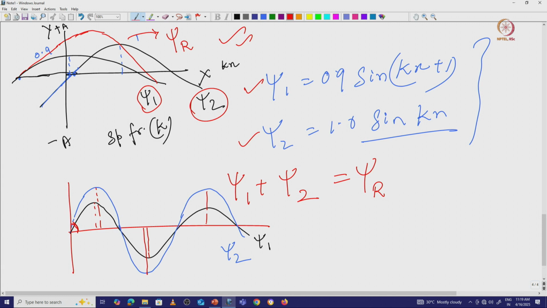In this situation, we add both waves together and we get a resultant wave in the same position, because there is no phase difference between these two waves, and the amplitude will be much higher than both wave 1 and wave 2. Okay. This much is clear.